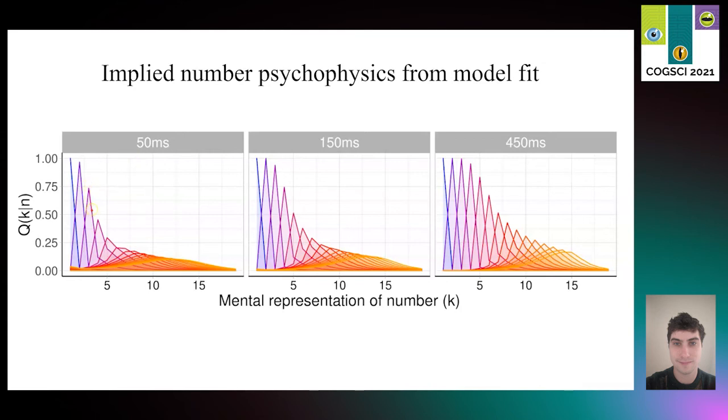So at 50 milliseconds, the model predicts that people should only be able to precisely estimate one, maybe two things, not quite two, and that they should show this increasing amount of noise at larger quantities and be biased to underestimate. And as they have more time, they should be able to represent about 3, maybe not quite 4 objects precisely, and then have somewhat more precise representations of larger quantities, but still show this increasing error with a bias towards underestimating.